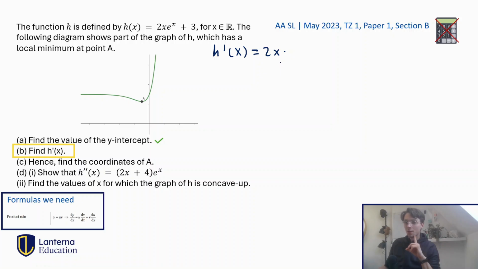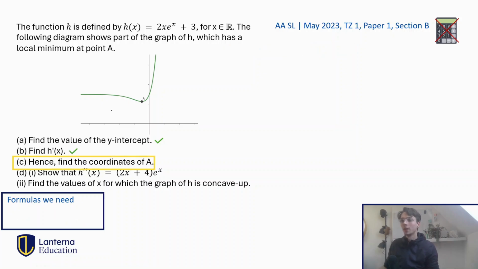E to the power of x differentiated is in your data booklet, but you should also know it's just e to the power of x. It doesn't change when it gets differentiated or integrated. Plus 2x differentiated, which is just 2, times e to the power of x. The 3 falls away. That was h dash x.